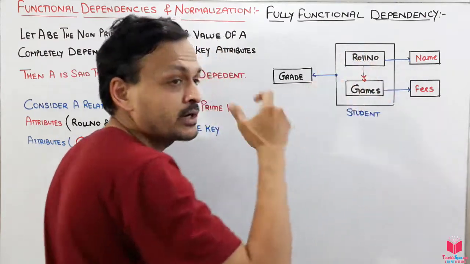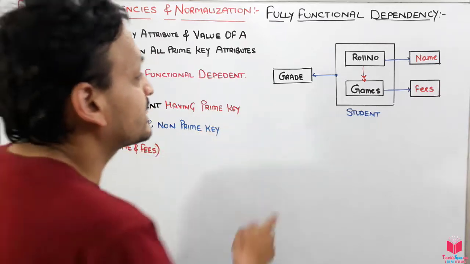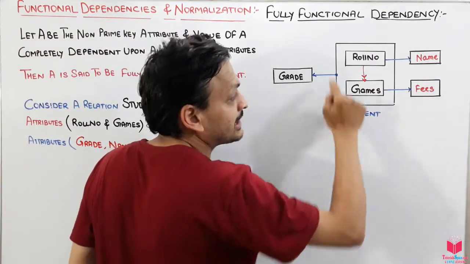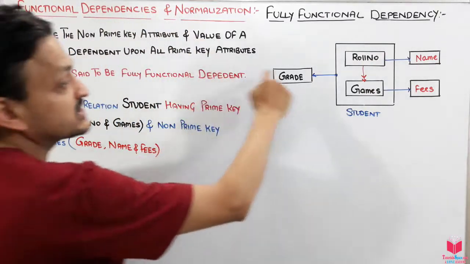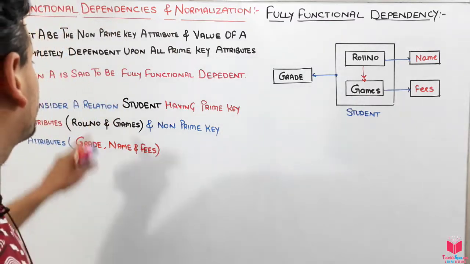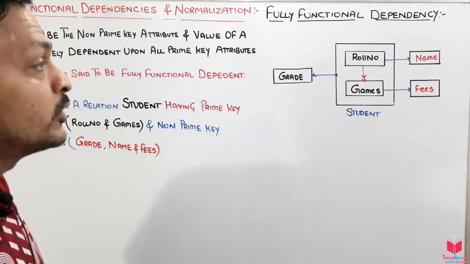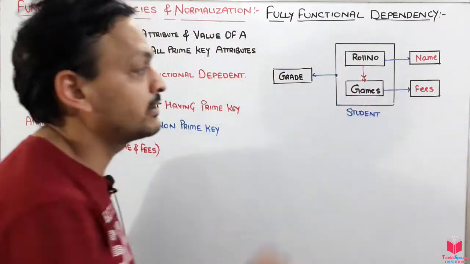Both these attributes combinedly find the unique value for the grade. So the grade is completely dependent upon all the prime key attributes, which are roll number and games. That means the grade is fully functionally dependent upon all the prime keys of this table, that is roll number and games.